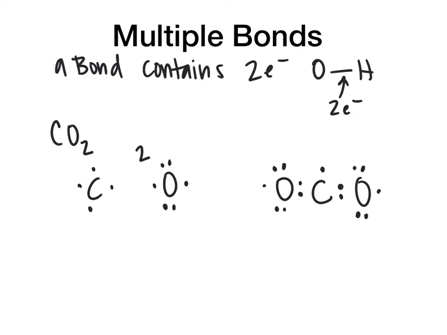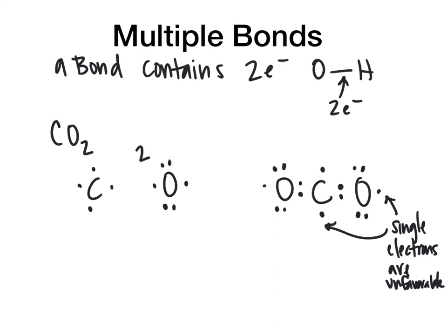Electrons really don't like to be alone. They either prefer to be in a lone pair of 2 or in a bond with 2 electrons. So these single electrons are unfavorable. Oops, and we forgot this one here. So we have lots of lonely electrons.